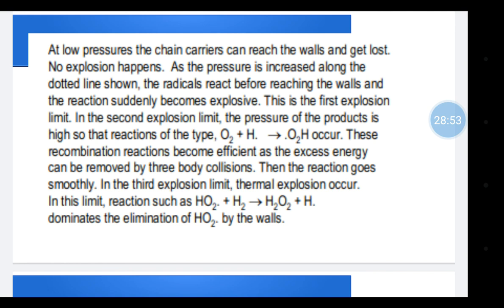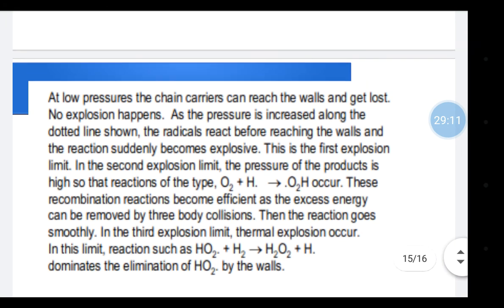Thermal explosions. And at the third explosion limit, reactions such as HO2 dot plus H2 gives H2O2 plus H dot will dominate, and the elimination of HO2 by the walls will take place.